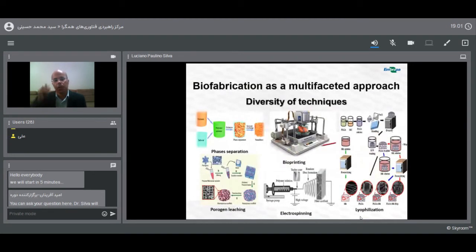The biofabrication is also considered a multifaceted approach that includes a diversity of techniques, such as phase separation, corrosion leaching, bioprinting, electrospinning, and also lyophilization.